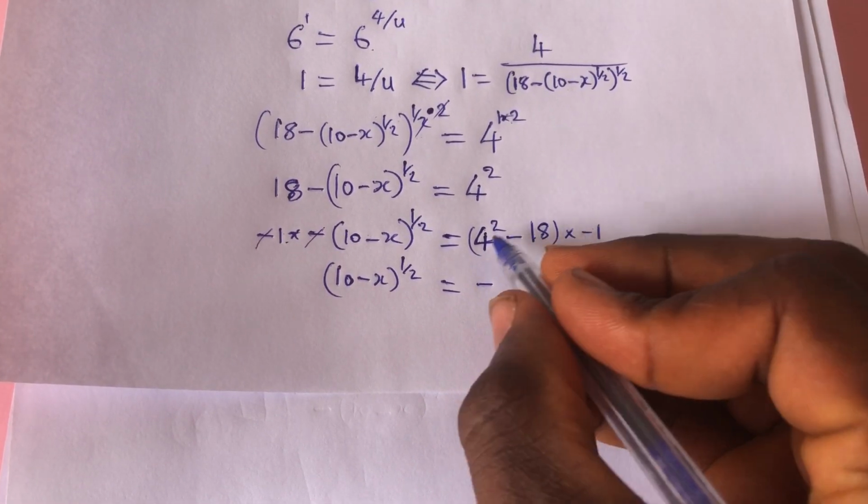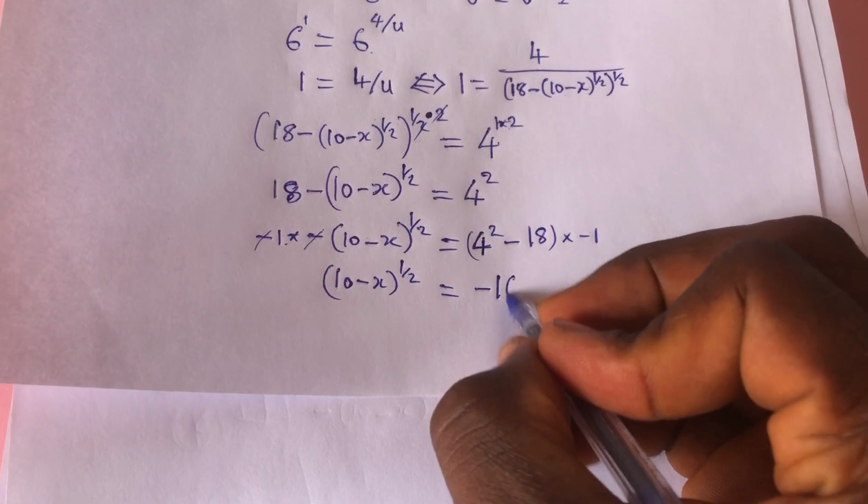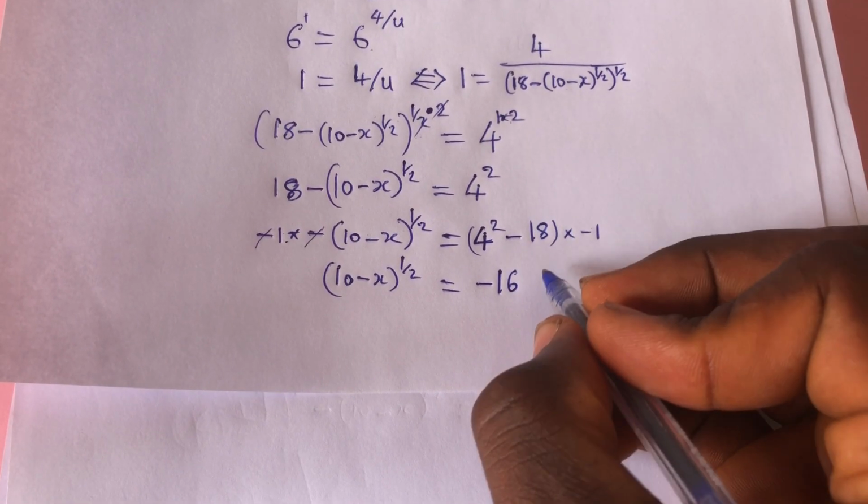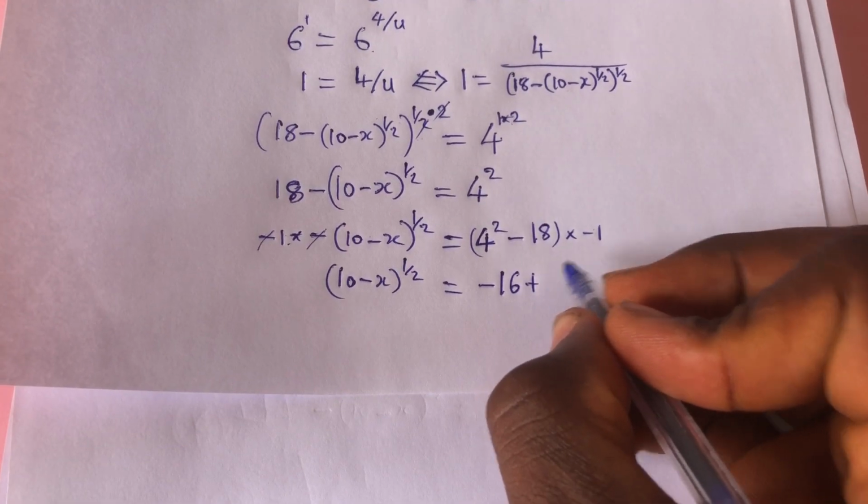So minus 1 times 16 is minus 16. And minus 1 times minus 18 will give us plus 18.